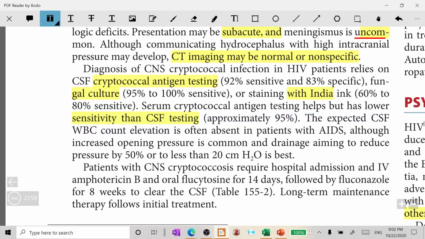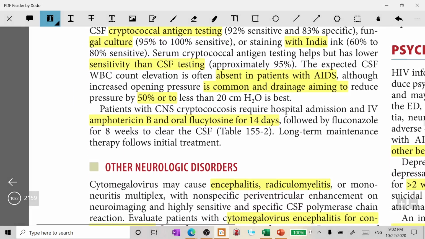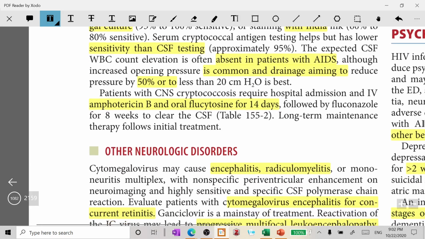The expected CSF WBC count elevation is often absent in the patient with AIDS, because this is an immunological disaster disease. Although increased opening pressure is common, drainage aiming to reduce pressure by 50% or to less than 20 is best. The patient with CNS cryptococcosis requires admission and requires amphotericin B and oral flucytosine for 14 days, followed by fluconazole for 8 weeks to clear the CSF, and long-term maintenance will follow that.